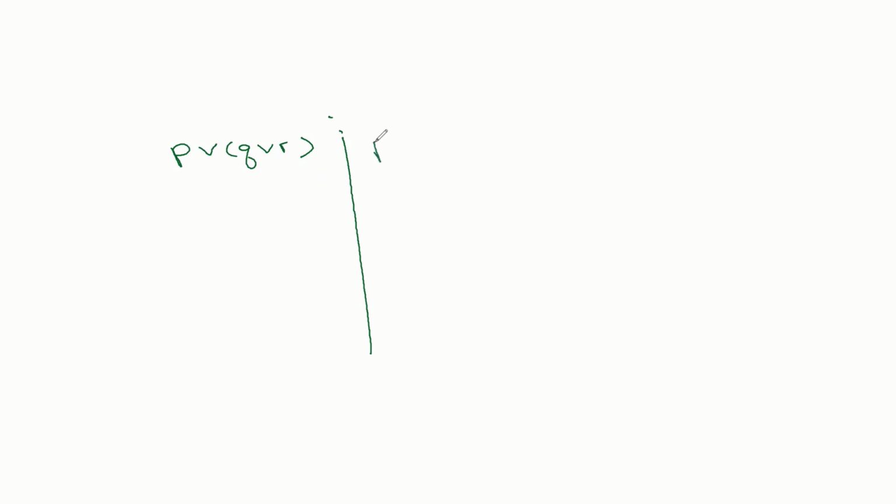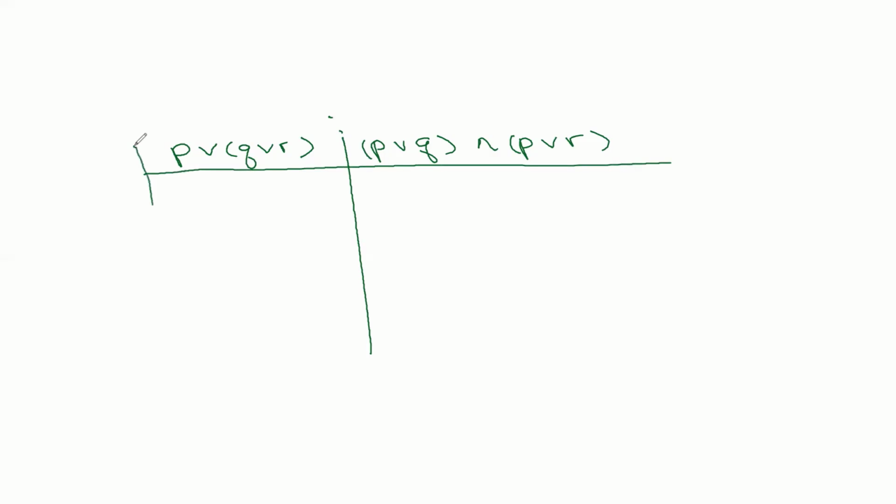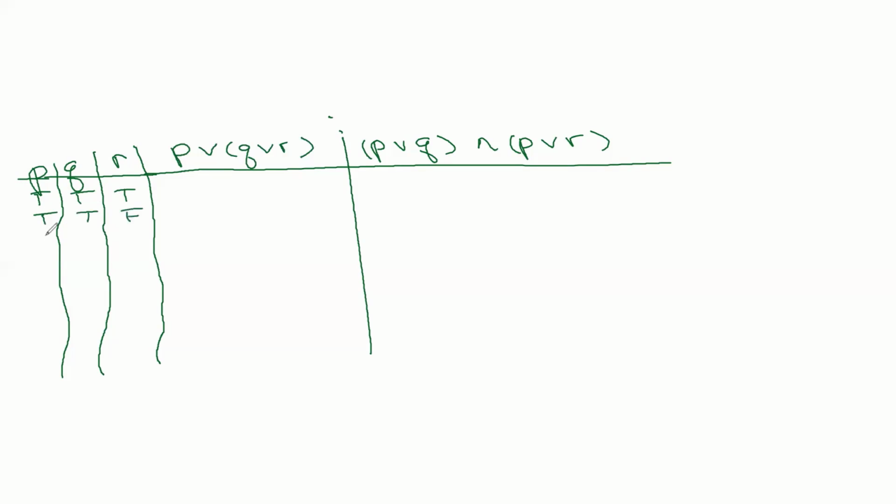And our second statement, P or Q and P or R. So let's set up our columns for R, Q, P, and we have true, true, true, true, true, false, true, false, true, true, false, false, false, true, true, false, true, false, false, false, true, and false, false, false.